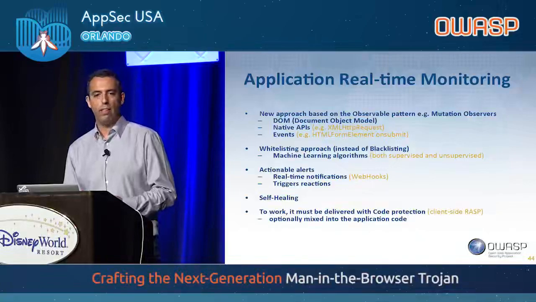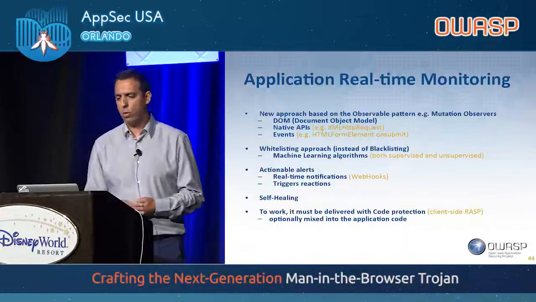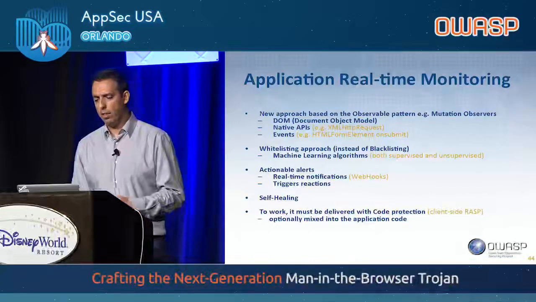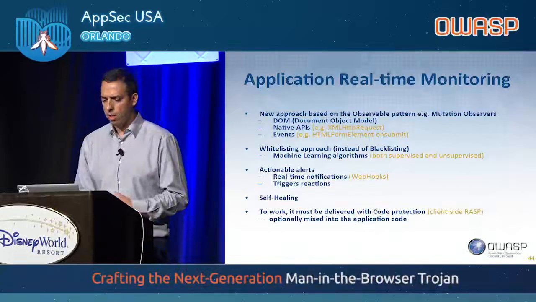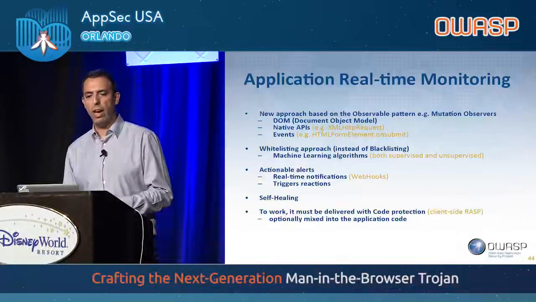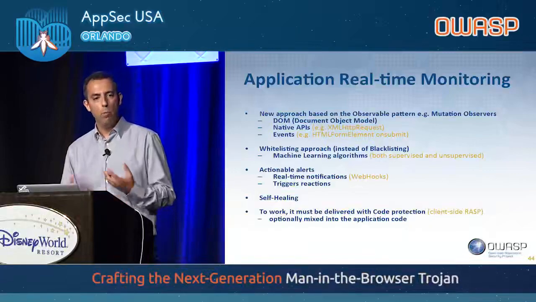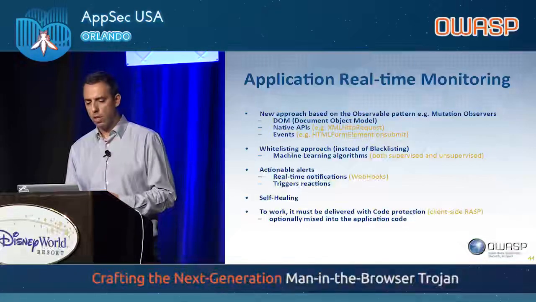So it's able to detect anything that shouldn't be there, and we use machine learning for tackling false positives. It sends out real-time notifications, and those can trigger automated reactions from the web application. It also allows for self-healing, so in some cases we can remove the injections.